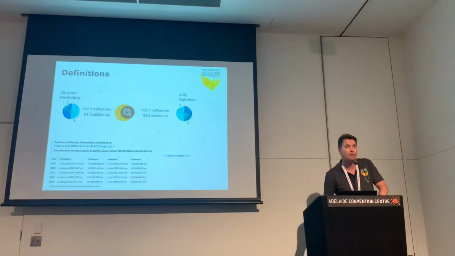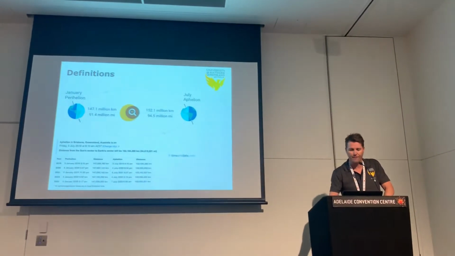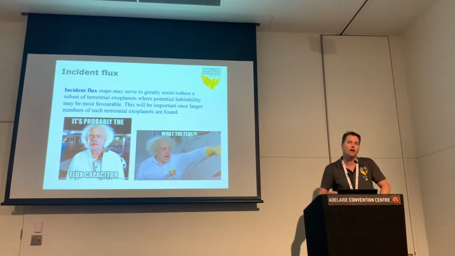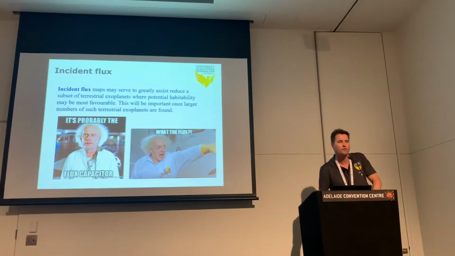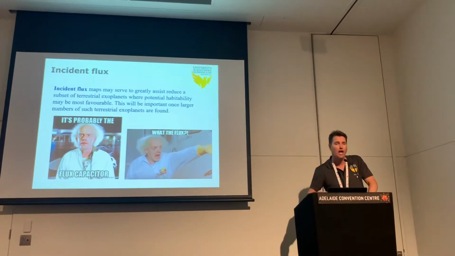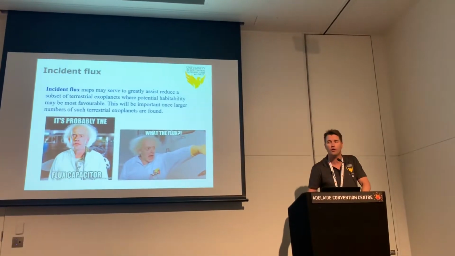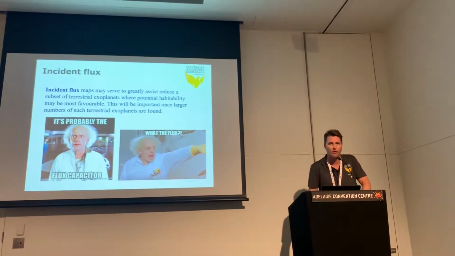So this can be mapped quite accurately, and we can start to build up what we call flux maps. Incident flux maps are useful because they give us an idea of how much energy is coming into and hitting the top of a planet. And only by having those accurate models can we then go beyond that and look at more accurately modelling the actual climate on a planet.